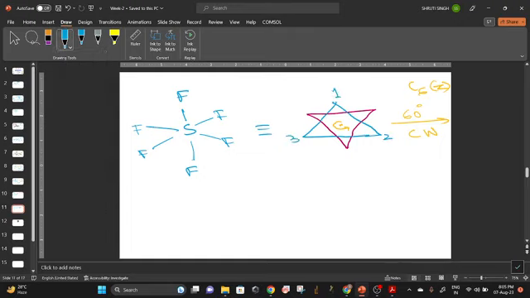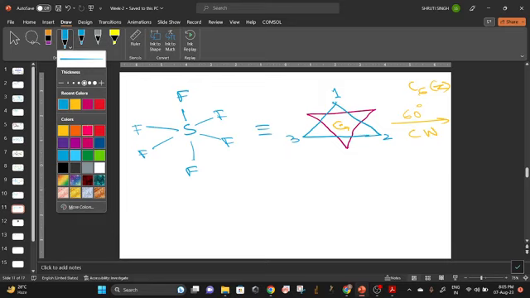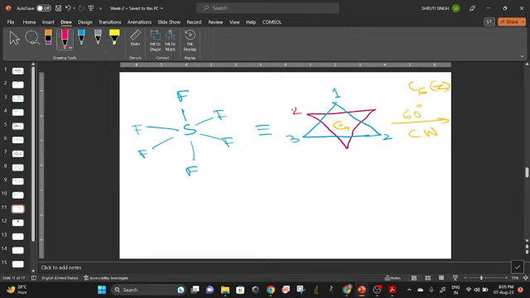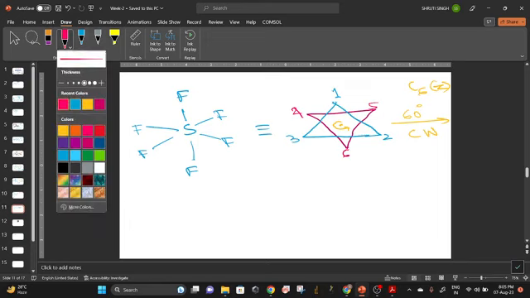One, two, three. This is just for our reference, and for this one let's write 2, 3, 4, 5, 6. So all are F atoms, so there is nothing to worry. Now let's do the 60 degree rotation.